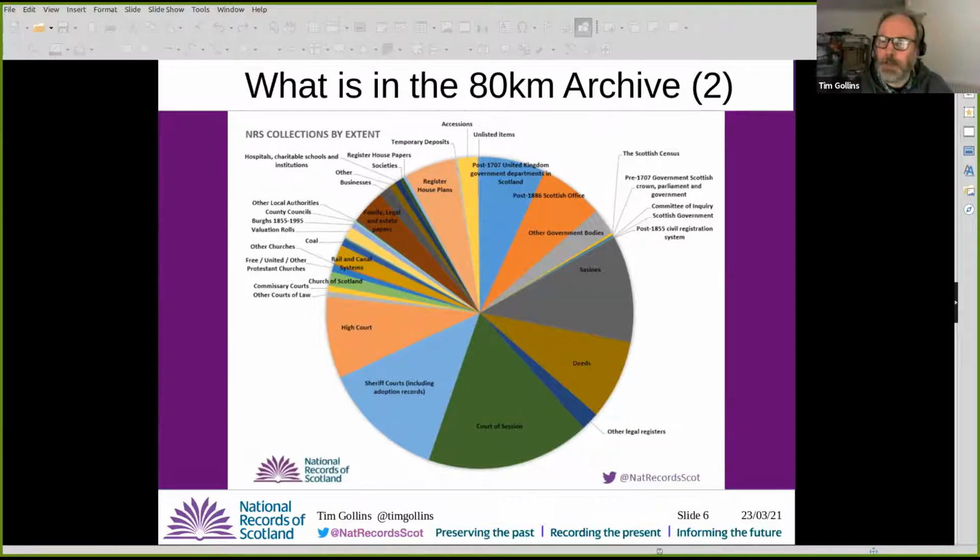So already we're seeing influences of significant skewing and biasing against that overall question of documenting Scotland's history. Look at our tagline at the bottom: preserving the past, recording the present, informing the future. How do we inform the future accurately if what we've preserved in the past is skewed, is not representative? And that's a very challenging and open question.